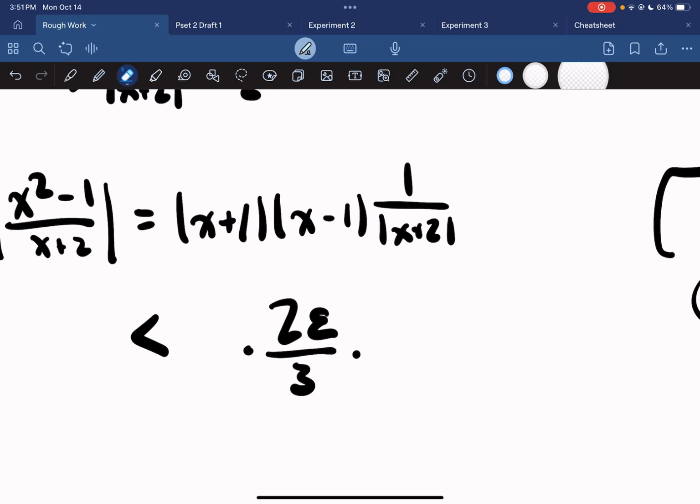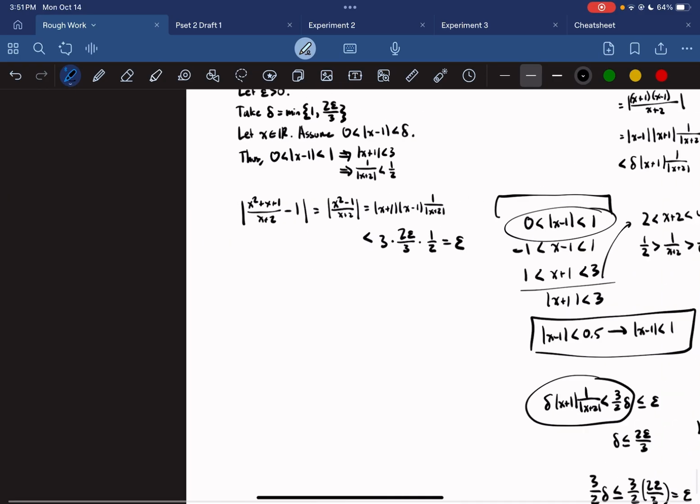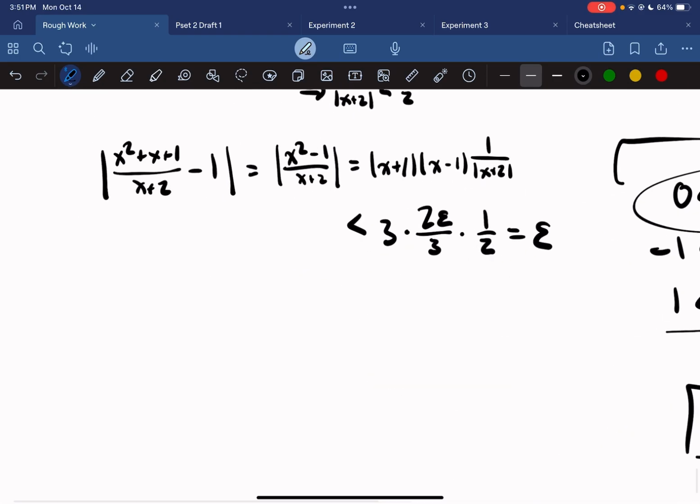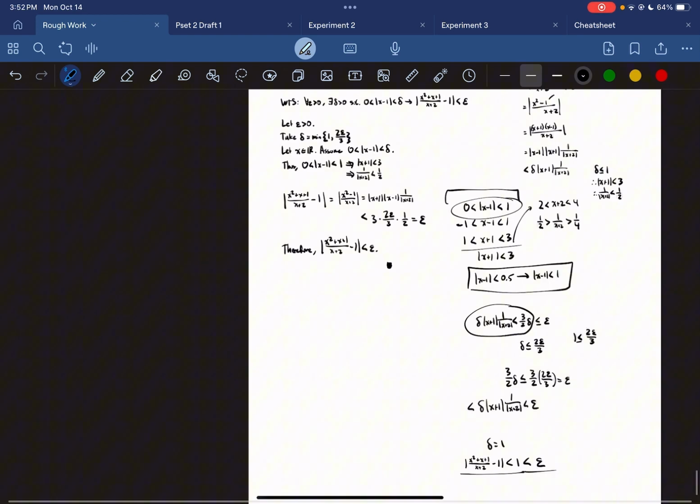Sorry, this is the wrong way. This is less than 3. This is less than 1/2, and we see that this is equal to epsilon. Therefore, we have proven our conclusion, and that is the end of the proof.